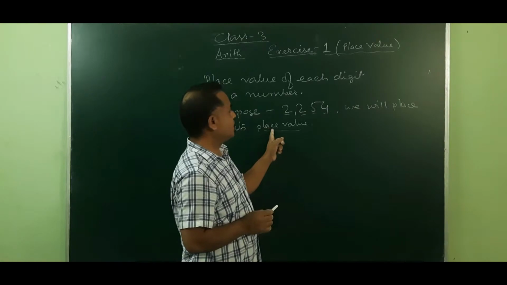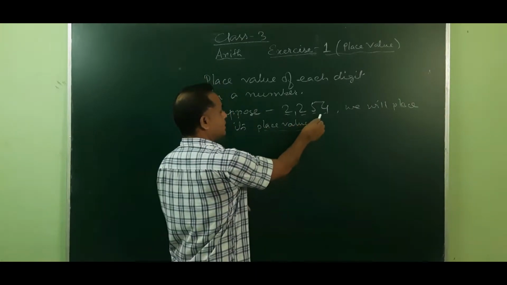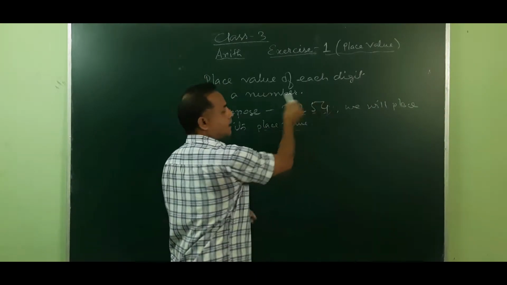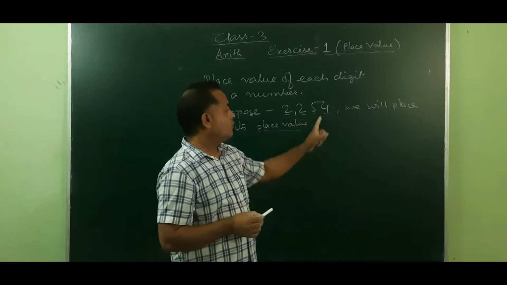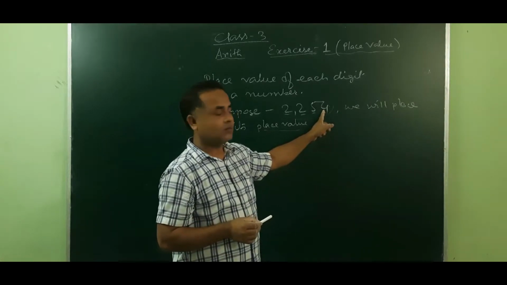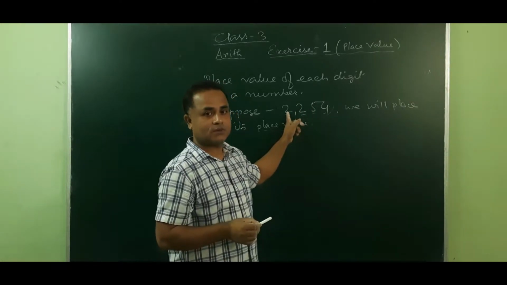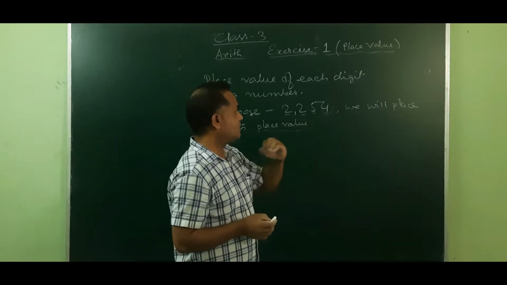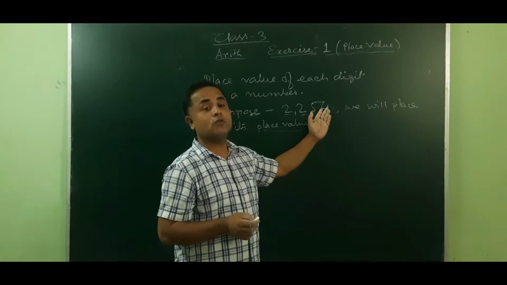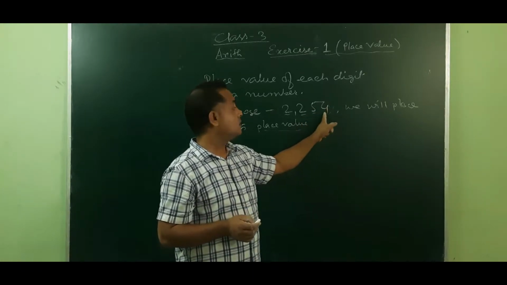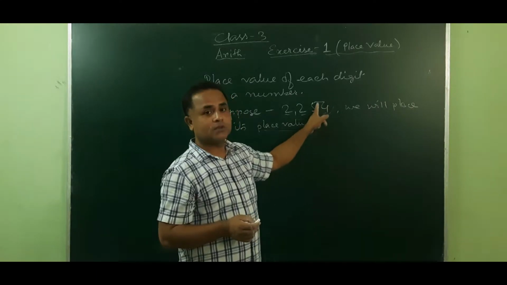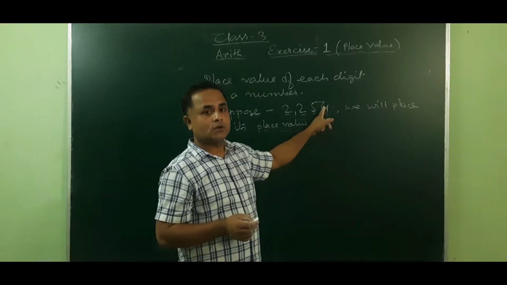Now place value means where does this number lie? 4 is the face value, 5 is also a face value, 2 is also a face value, 2 is also a face value. Face value means when we see this one, we can say that it is a 4. The value of this particular digit is called the face value.